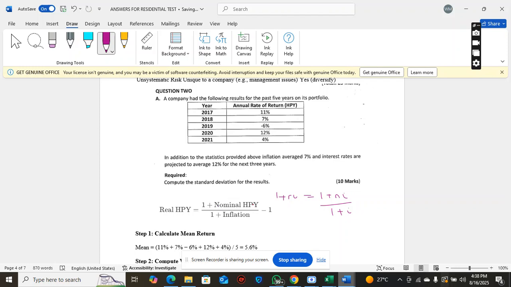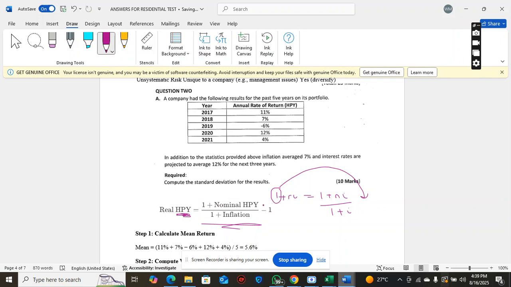Here, the interest rate we're talking about is this HPY. So we've just taken this one over the equal sign, and this is what the formula becomes. Our real HPY is 1 plus the nominal HPY over 1 plus the inflation rate, minus 1.